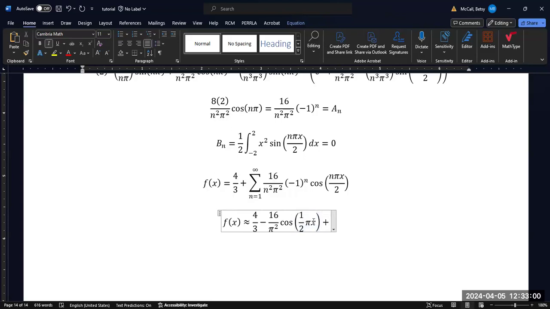And then plus, now when n is 2, n squared will be 4. So this will be 4 over pi squared.